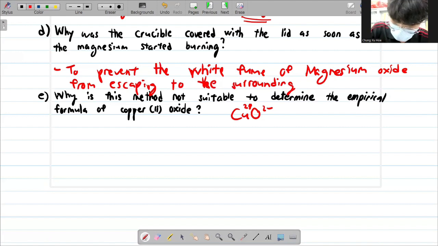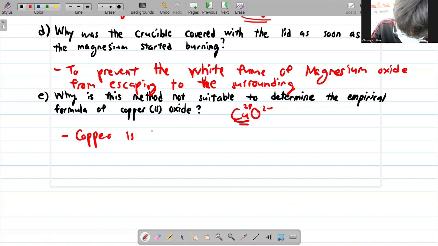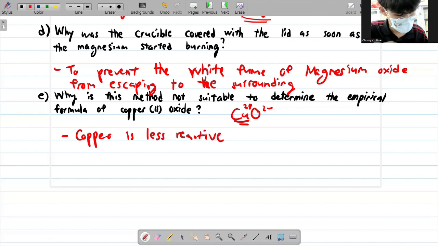So copper is less reactive, right? So what you're going to say is copper is less reactive compared to magnesium. You can just write: copper is less reactive towards oxygen compared to magnesium. Sorry, my writing is a bit ugly.